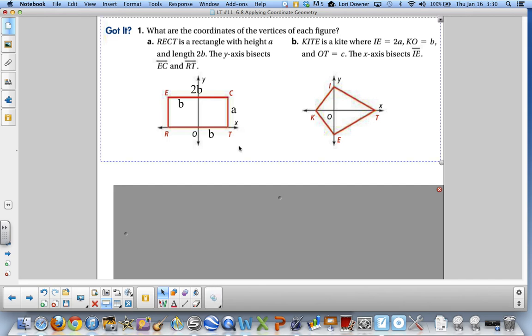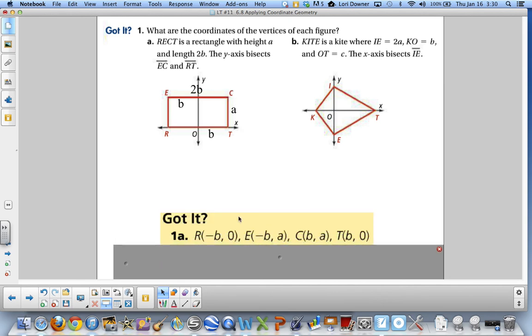C is going to be, I go out b and up a, so C is at (b, a). R, I go to the left b, so it's negative b, and I don't go up or down, so R is at (-b, 0). And E, I go to the left b, and then I go up a. So E is going to be at (-b, a). So here are the points that you would get using variables so that you could talk about the general case.